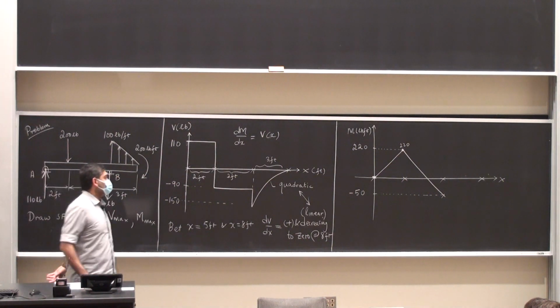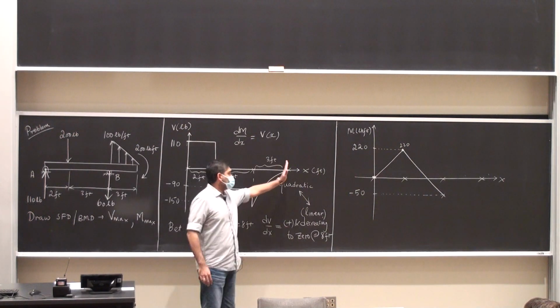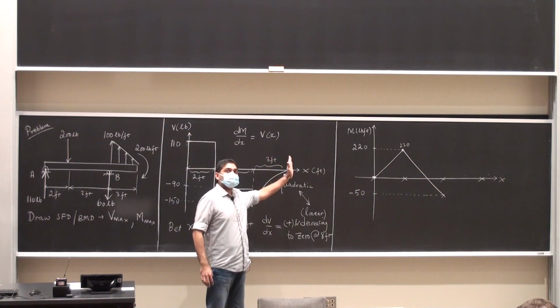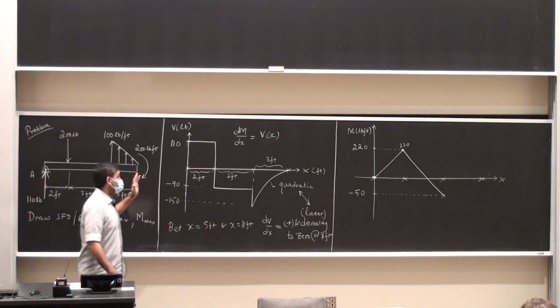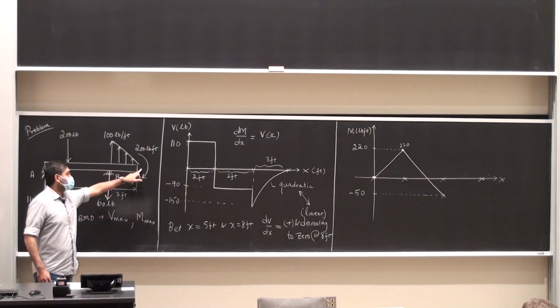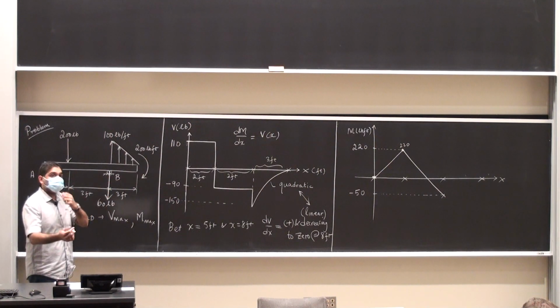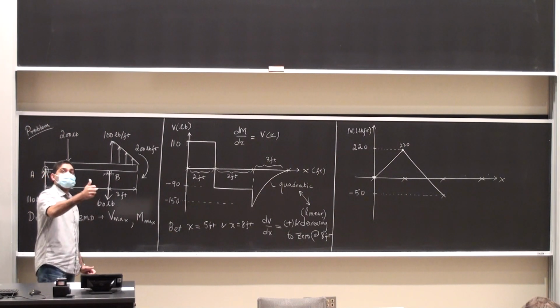Here is the question that I want to ask. At the end of the beam, what are the things that are going to happen? First of all, I see that there is a clockwise couple moment of 200 pound-feet. A clockwise couple moment in a bending moment diagram is going to do what? It's going to take the bending moment value and push it up. It's a singularity that is taking place.